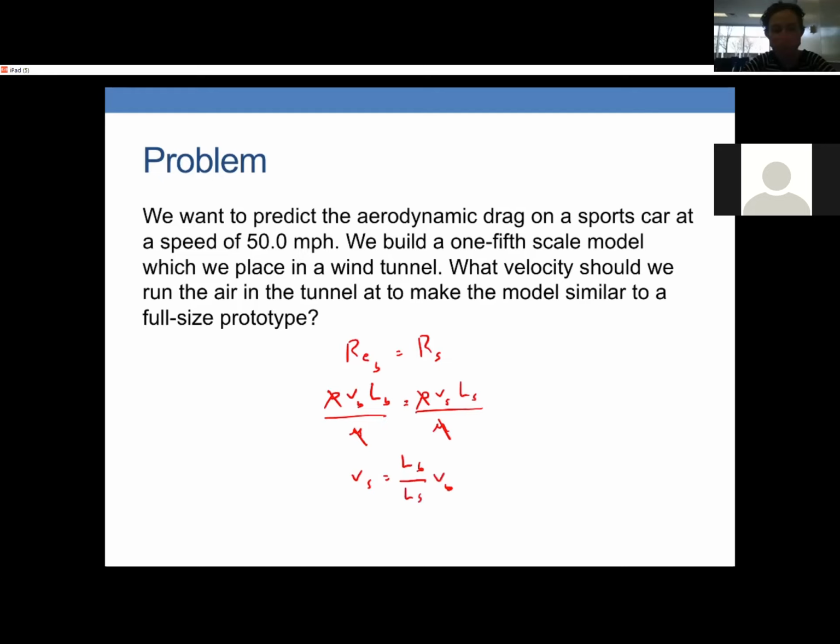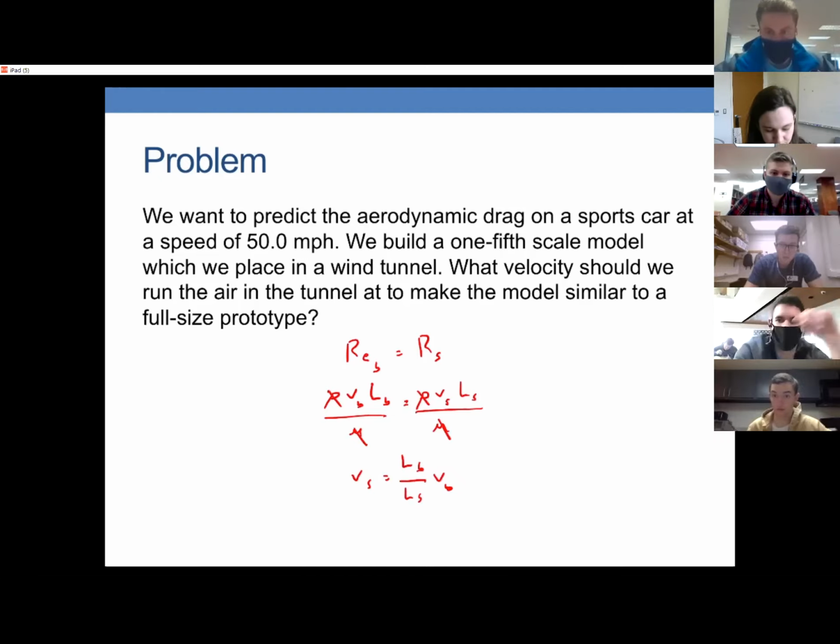So now, what velocity are we going to use for the wind tunnel? 250 miles per hour, right?